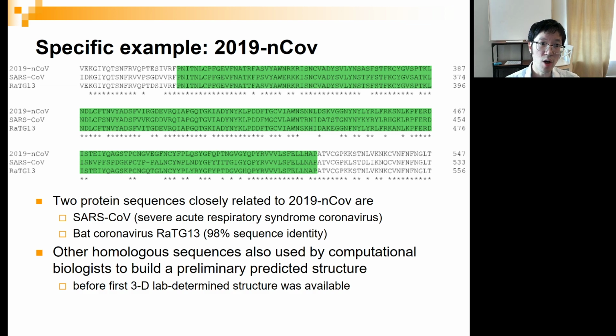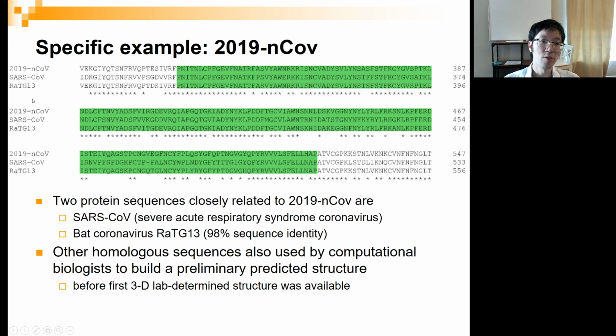On the top row is the sequence of this domain in the novel coronavirus, and in a similar way, we've put the sequences of two aligned proteins. There are two here. One is the SARS protein, and below that is another coronavirus protein.